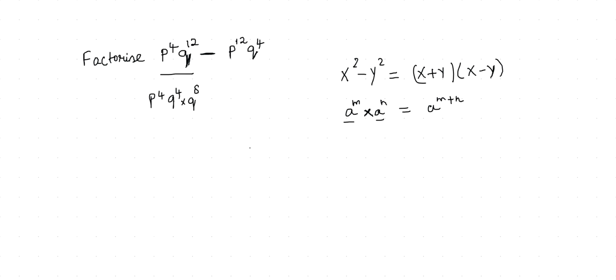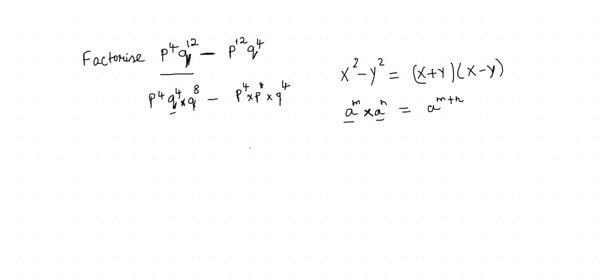The bases are the same, the powers are separated by a multiplicative operator, so we can just add the powers and get q to the power 12. So q to the power 12 can be rewritten as q to the power 4 into q to the power 8. In the same way, in the second term, p to the power 12 can be rewritten as p to the power 4 into p to the power 8, into q to the power 4.